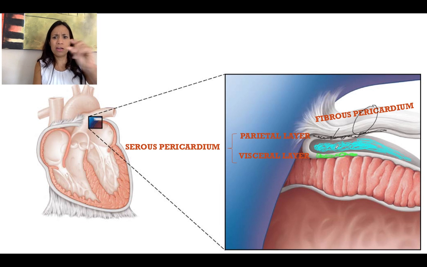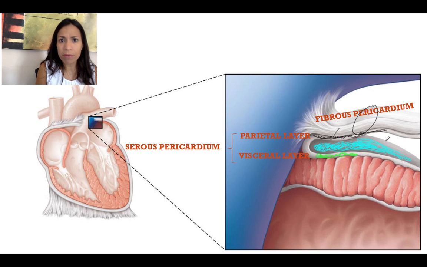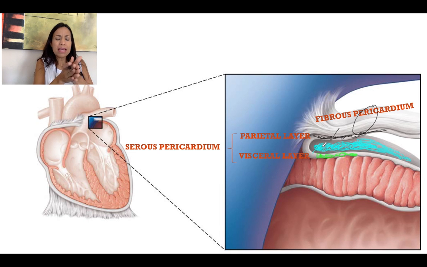Since these are serous membranes, this is a serous fluid produced by the cells forming this membrane. It is slippery and avoids friction between the parietal and the visceral layer as the heart contracts and relaxes.